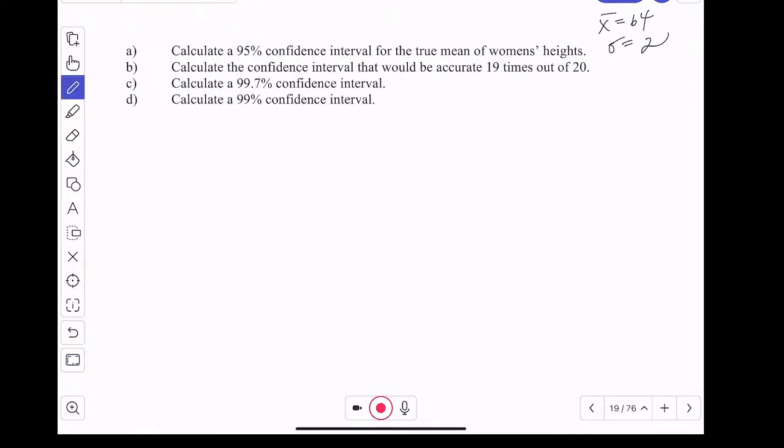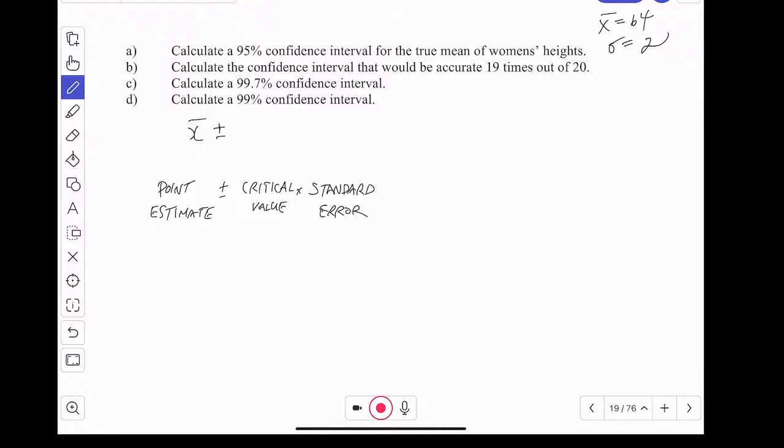So we know how to do that. For the mean, it's the same pattern. It's the point estimate, the best guess of what the true mean is, the sample mean. That comes from the central limit theorem.